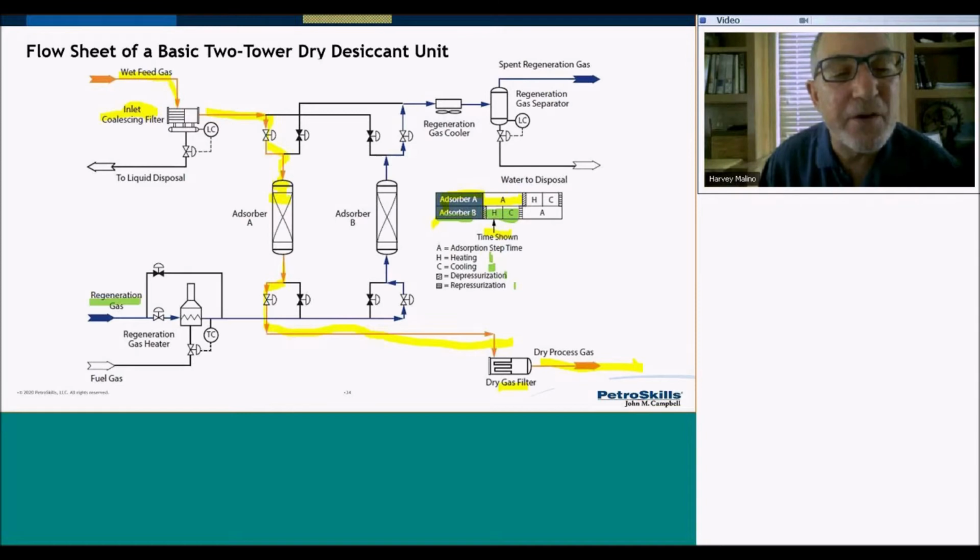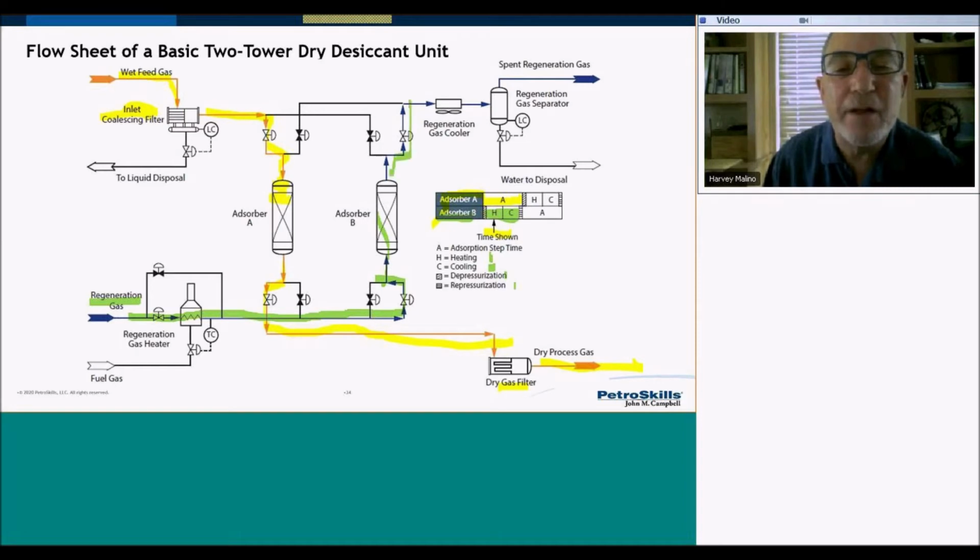So we take a clean regeneration gas, pass it through a heater. You heat the gas up to, if you're using 4A, 550 or so degrees Fahrenheit, 288 degrees Celsius, and you're just getting the bottom of the bed heated up because you're early in the cycle.